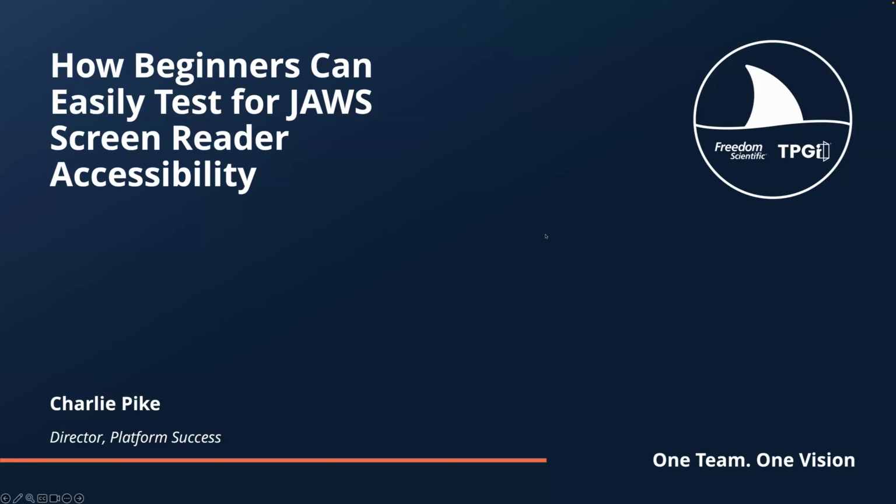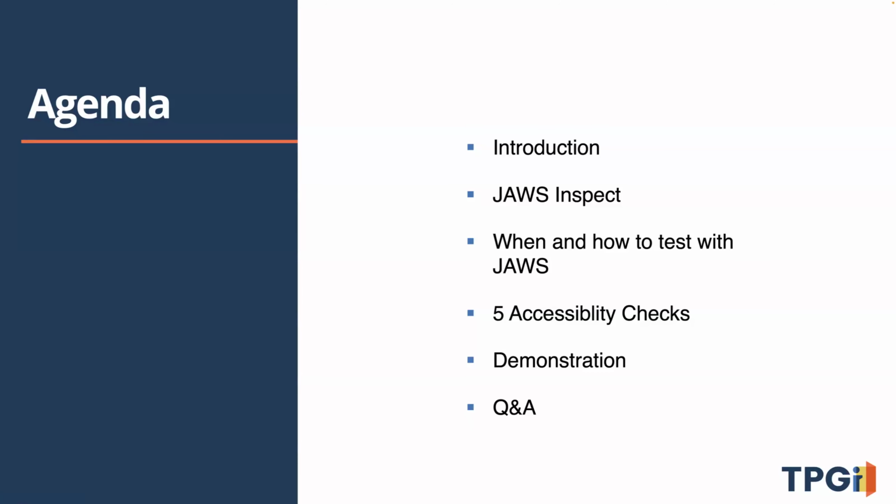Just a quick agenda of what we're going to cover. I'll do an introduction to the topic, and talk a bit about JAWS Inspect and JAWS itself for testing. I'll explain when and how to test with JAWS, and where it fits into an overall testing program. Then I'm going to show you those five accessibility checks, a kind of minimum requirement around testing accessibility, but something you can do regularly and with not much experience.